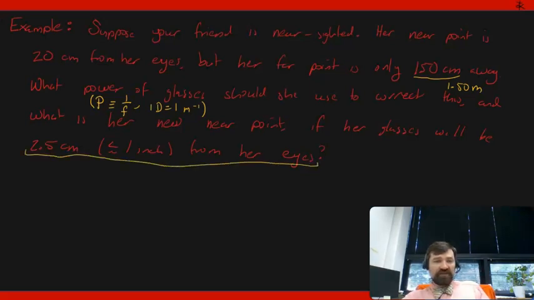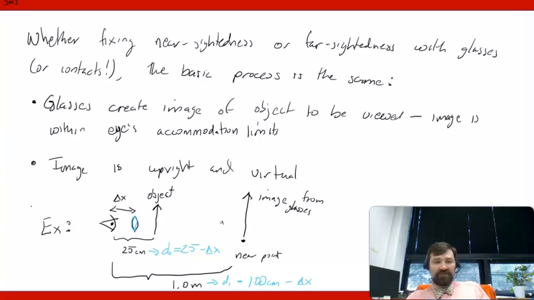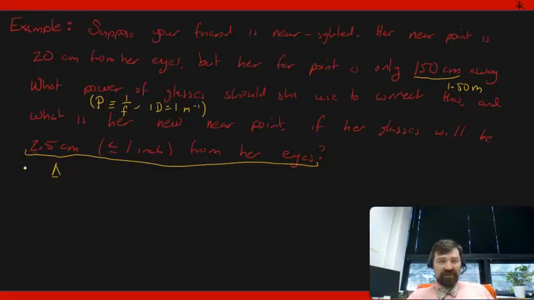That means that the delta x from this diagram here is 2.5 centimeters, which is the same as 0.025 meters.